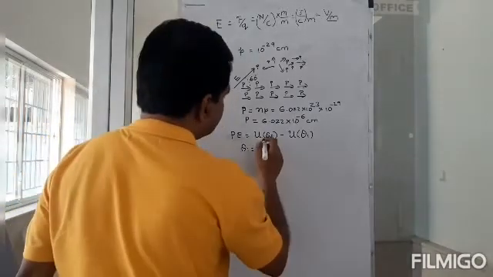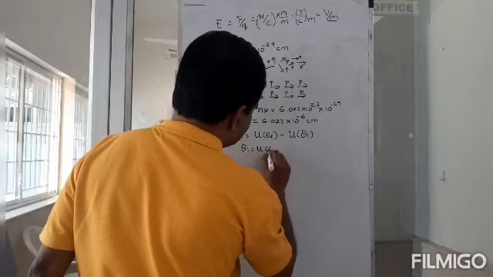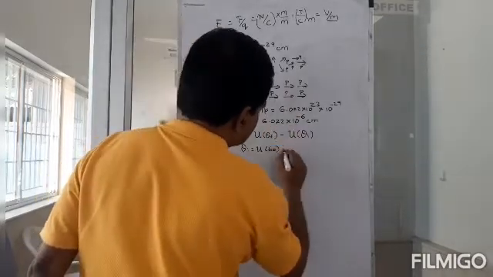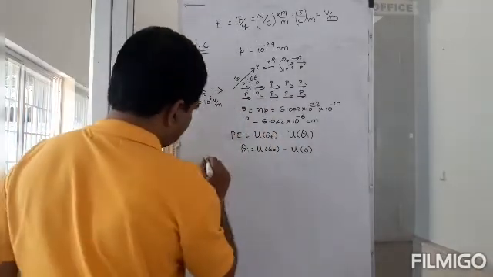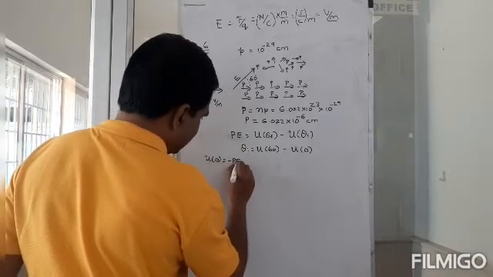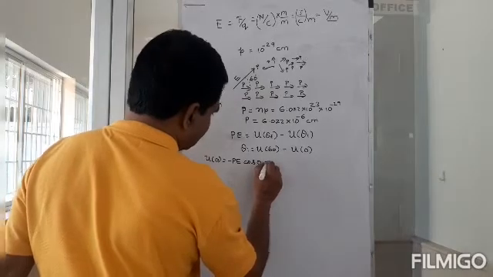So what is going to happen here? This is U of 60 and this is U of 0. But what is U of 0? So U of 0, we know that's equal to minus P cos 0. Okay.